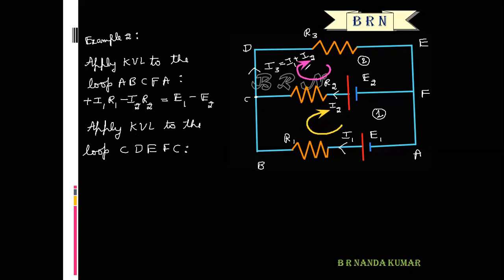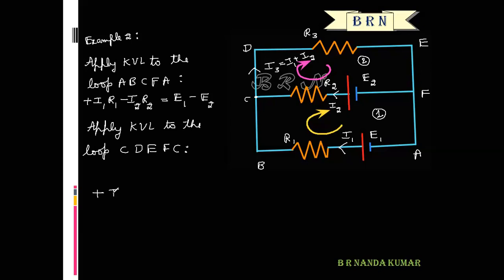D to E, what is the value of resistance? R3, current is I3. The sign here is positive. Why? Because the indication is clockwise, and the current flowing through R3 is also clockwise.